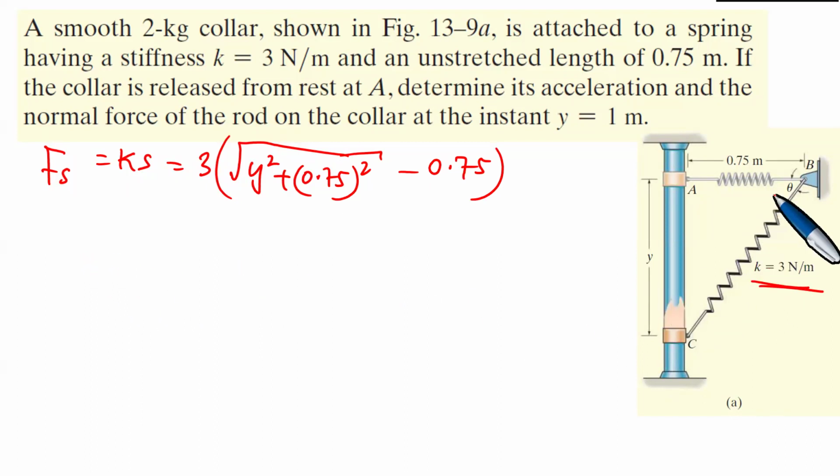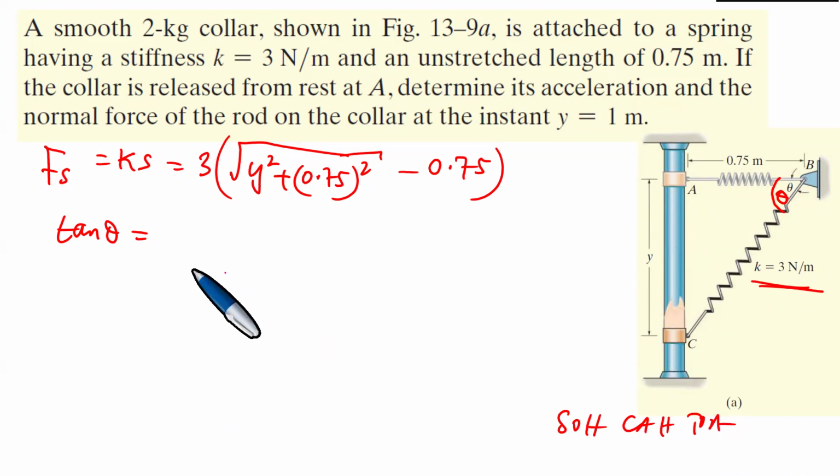Then the question you're asking is, what is the angle theta? Because here there is theta. What is that angle theta? We're able to see, therefore, that the tangent of theta is opposite over adjacent from SOHCAHTOA. TOA, which is opposite over adjacent, which is y over 0.75.